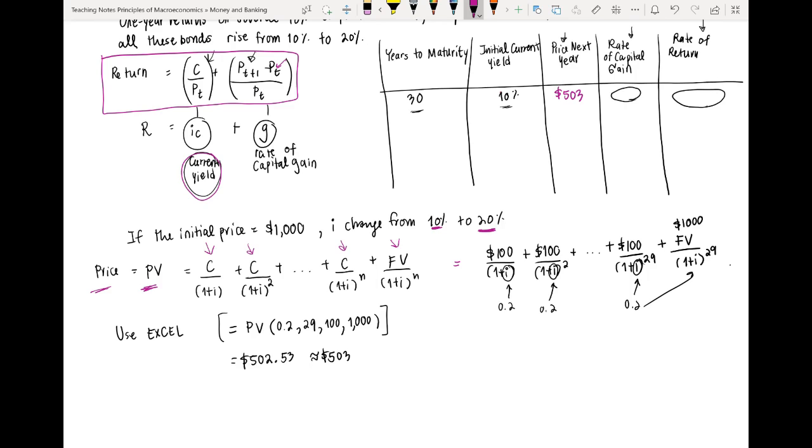$503, right? Rate of capital gain come from difference in the price. Future price 1 year from now is 503. You bought it at $1,000, over $1,000. That would be, well, I'm using Excel again.